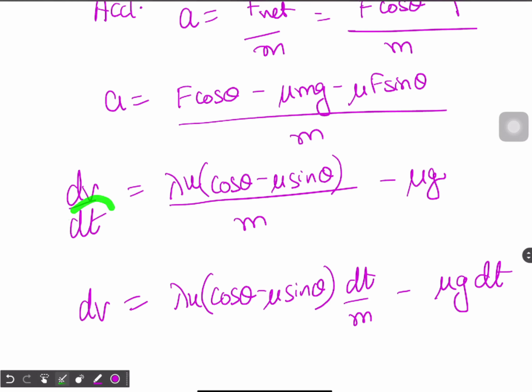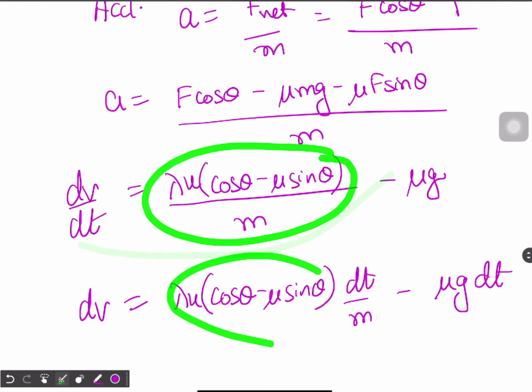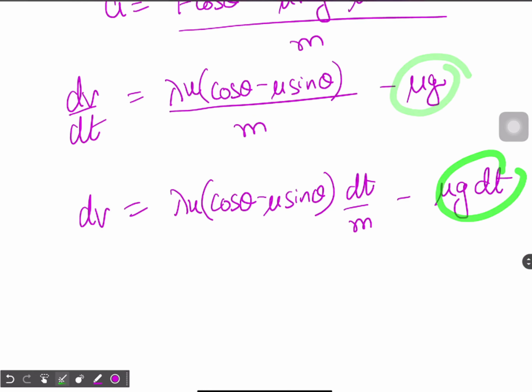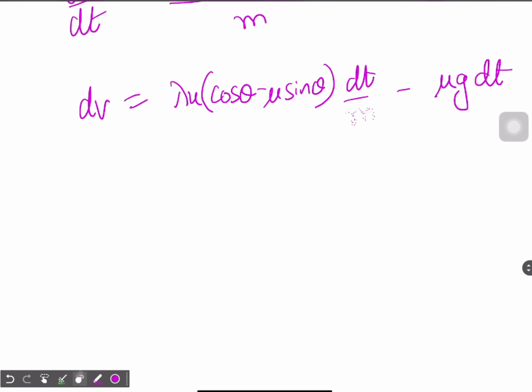I have taken the dt to the right side, so this is multiplied by dt, and mu g is multiplied by dt. Now I can replace this small m with m minus lambda t.